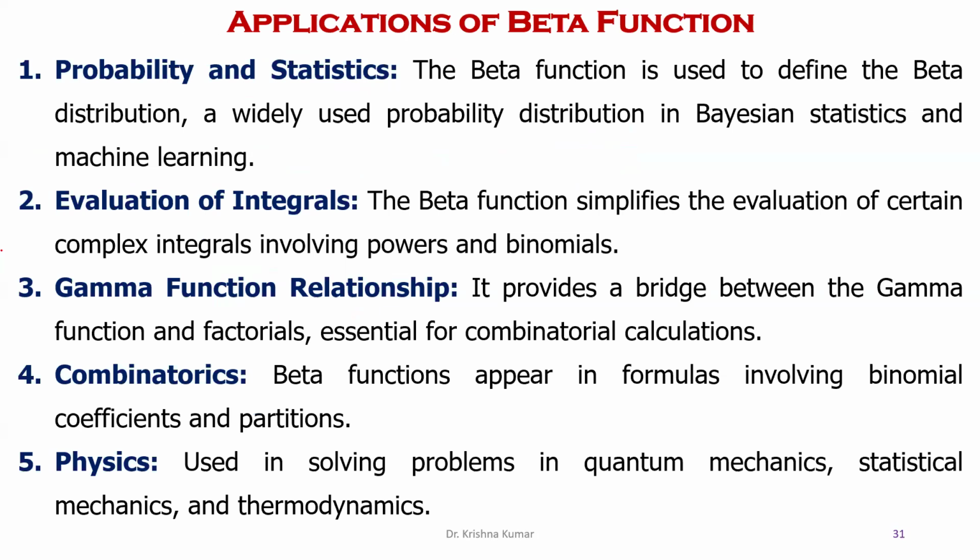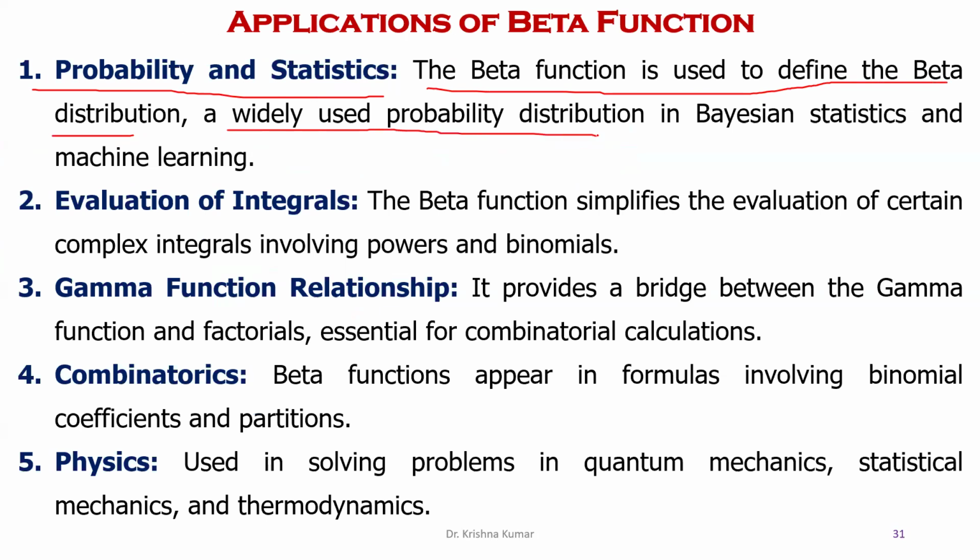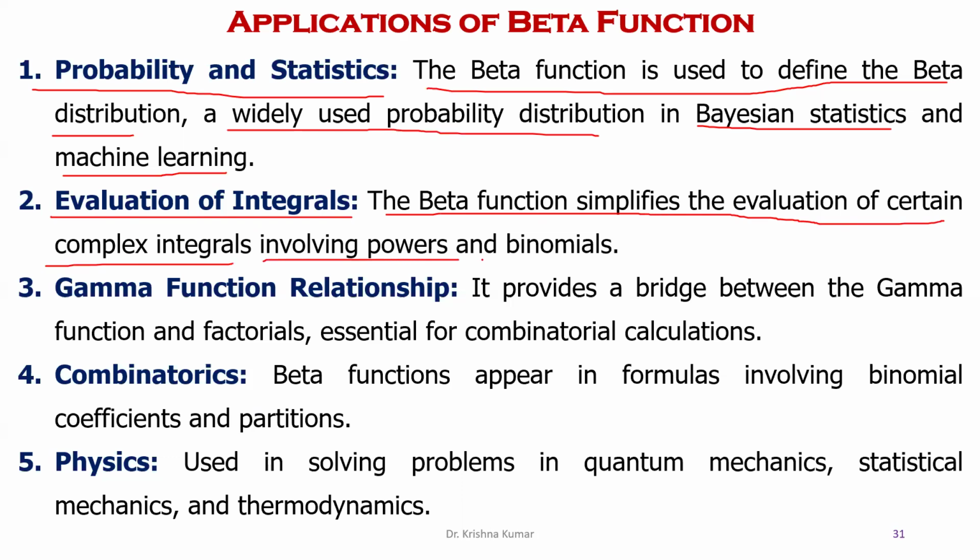So the first application is in probability and statistics. The beta function is used to define the beta distribution, a widely used probability distribution in Bayesian statistics and machine learning. Its second use is in evaluation of integrals. The beta function simplifies the evaluation of certain complex integrals involving powers and binomials.